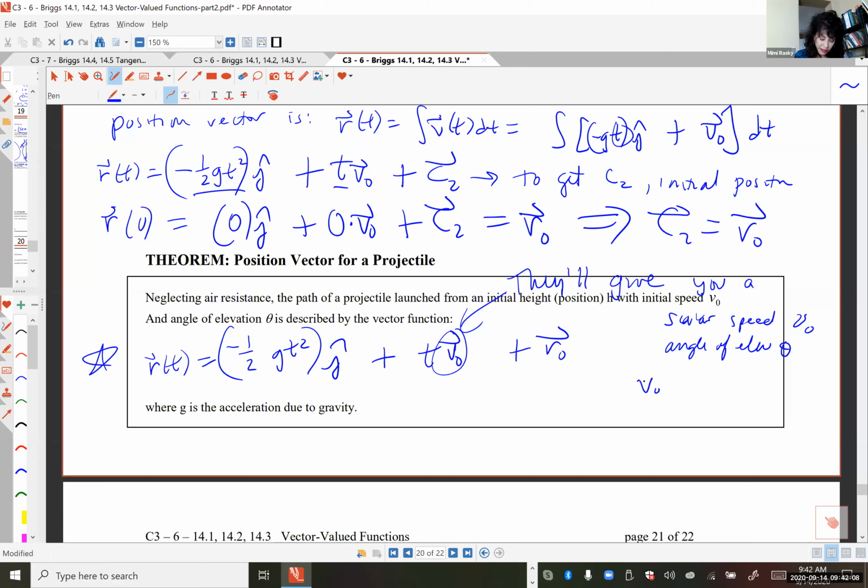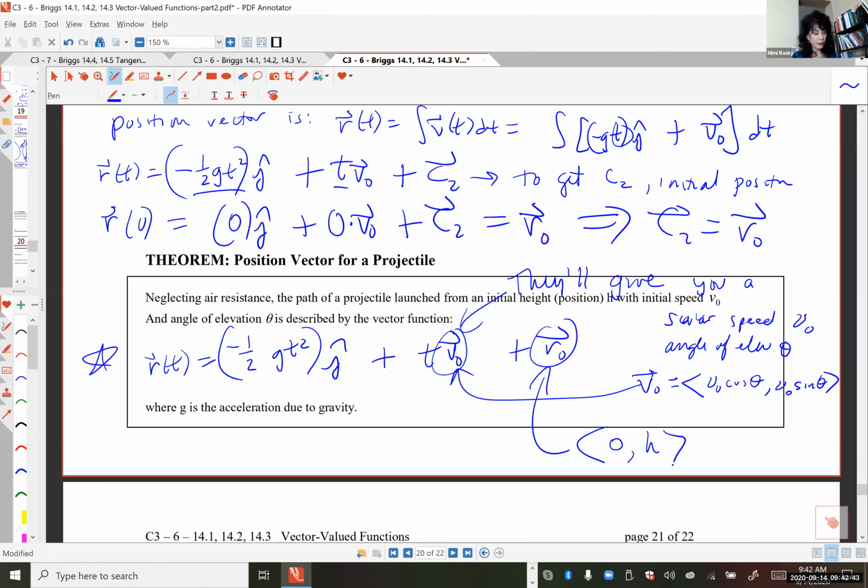So your v naught vector, people, if you break it out and use the week 1 material that I taught you, is magnitude times cos of the angle as your first component, and magnitude, being speed, times sine theta as your second component. So you're going to plug that in place of v naught, and your r naught is simply going to be the initial height of the projectile. If it's initially launched from ground, then 0, 0 will be your initial position vector. But usually they'll give you some initial height, okay?